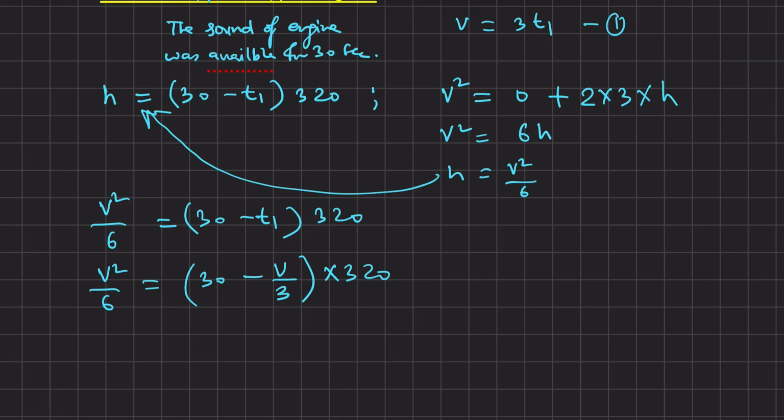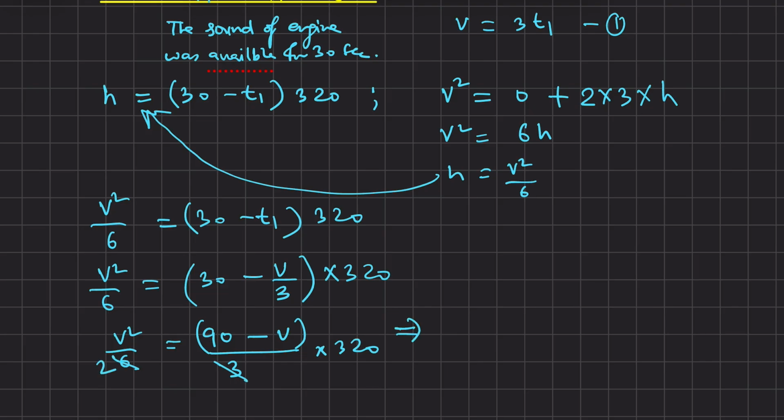If you see, it will become v square by 6 is equal to 90 minus v divided by 3 into 320. So this will become 2.